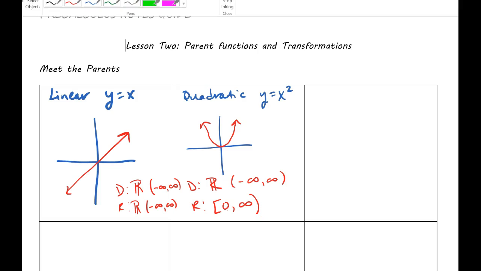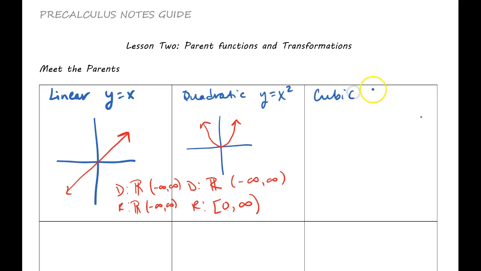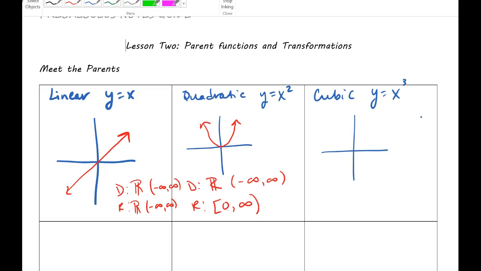Okay, the next parent I want us to go over is, what do I want us to do? I guess next we could do cubic. And we're going to have a lot to do with cubic next week because we're going to talk about all the graphs that are x to the third, x to the fourth, x to the fifth. But now we'll just kind of talk about this one because I think you probably did a little bit with this last year.